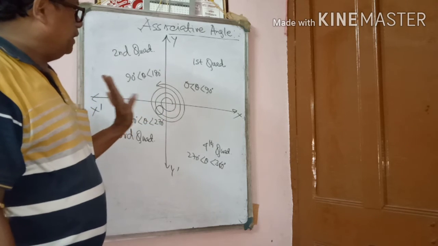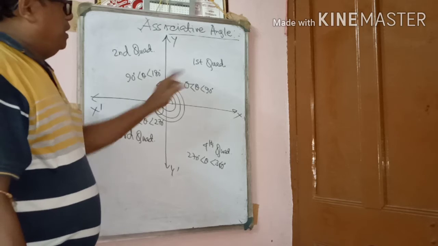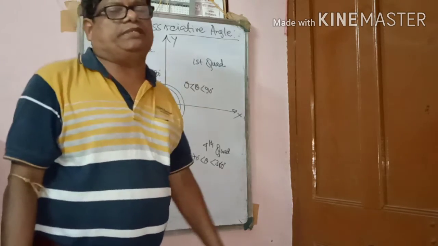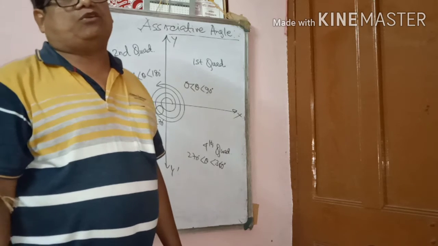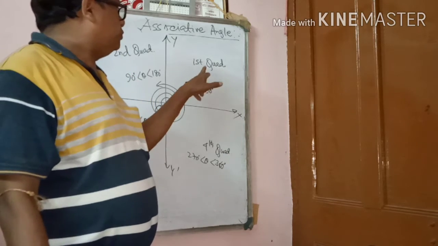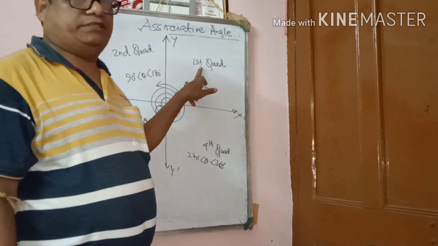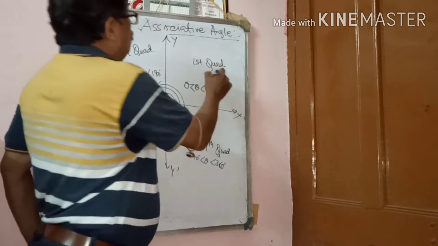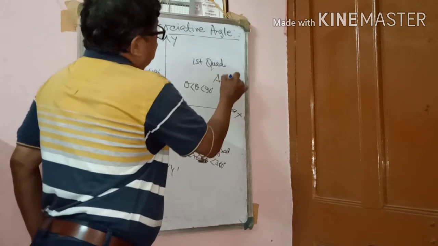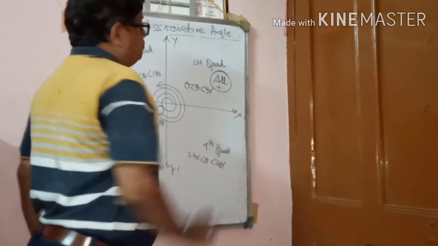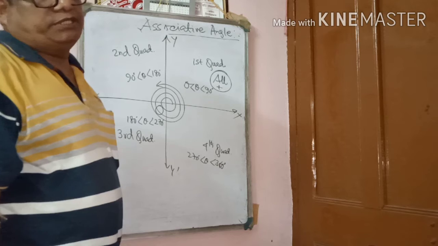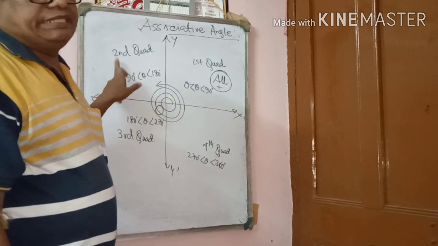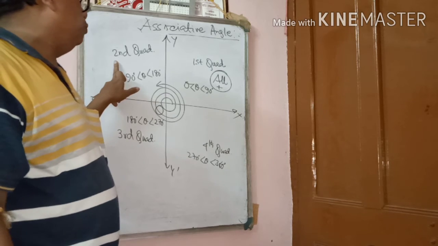Okay. Now, here all T ratio are positive. That means sine, cos, tan, cot, sec, cosec, all are positive in first quadrant. Keep in mind. All positive. In the second quadrant, sine is positive. This is the rule, keep in mind.